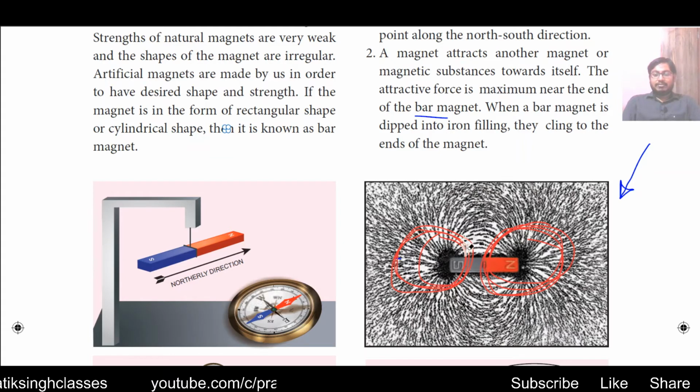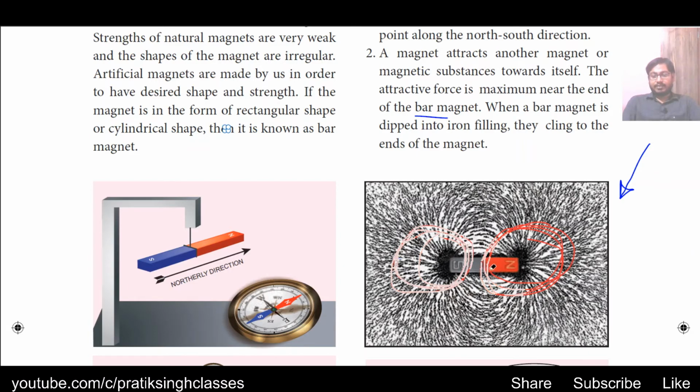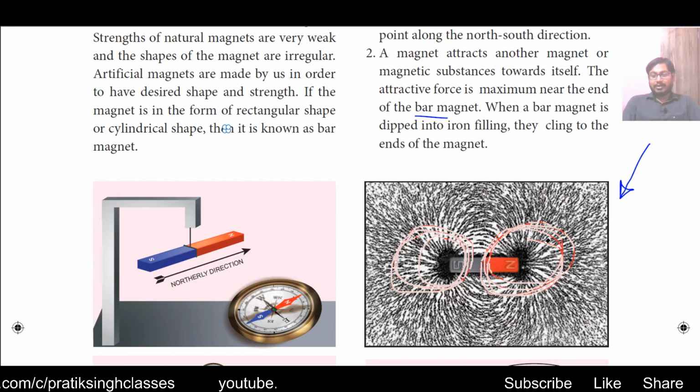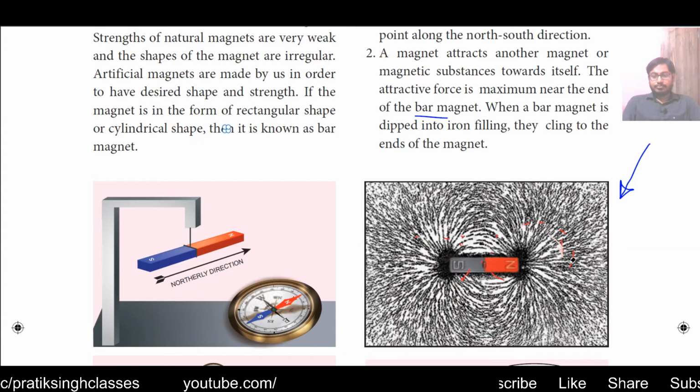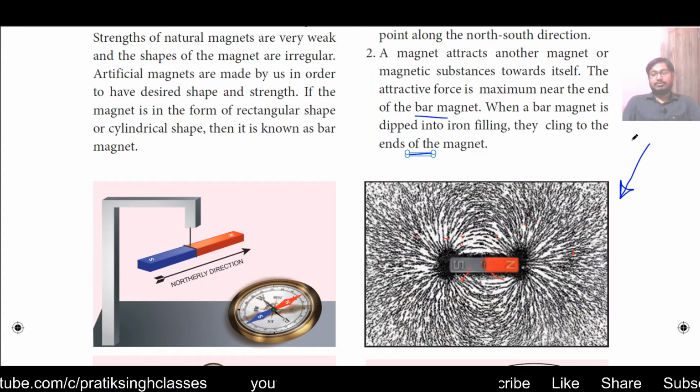By this observation we can say that magnetic strength is very high at the poles of the magnet. So this is also a useful and important property of a magnet. When a bar magnet is dipped into iron filings, they cling to the ends of the magnet because at those positions the magnetic field and the magnetic strength are very high.